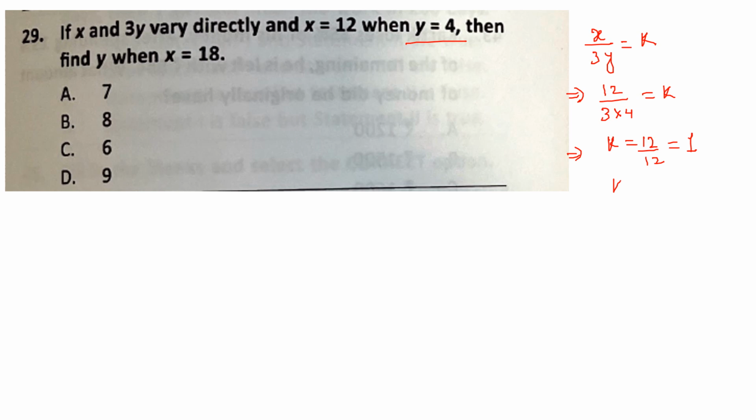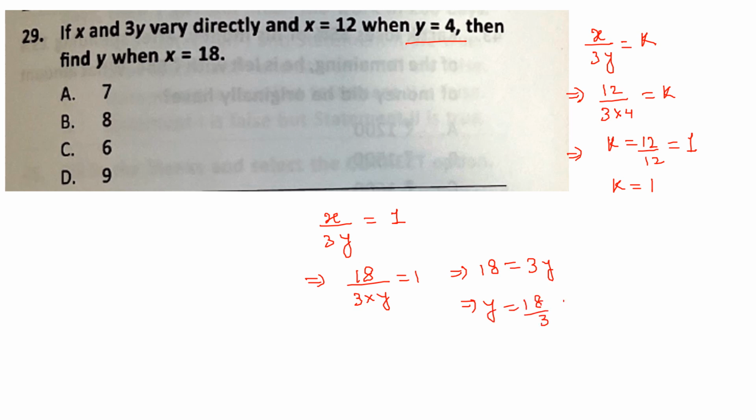So the constant value is 1. So now we have to find what will be the value of y when x is 18. So here also the ratio of x by 3y should be the same as the constant, which is 1, which I got here. Now my value of x is given as 18 and y we have to find. Now cross multiply, so 18 is equal to 3y. So the value of y will be 18 divided by 3, which will give me 6. So the option number C is the correct answer.